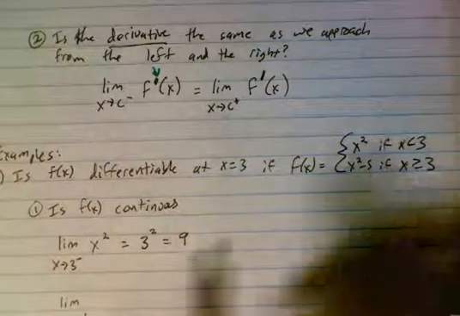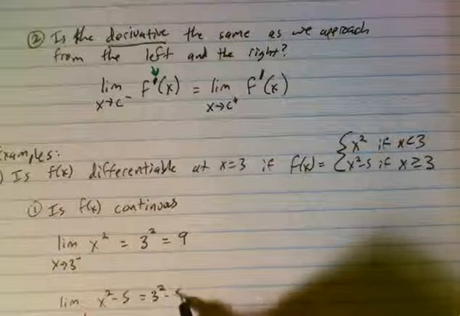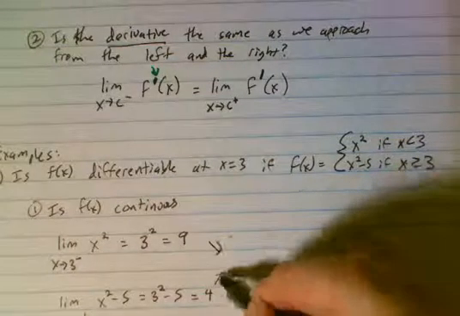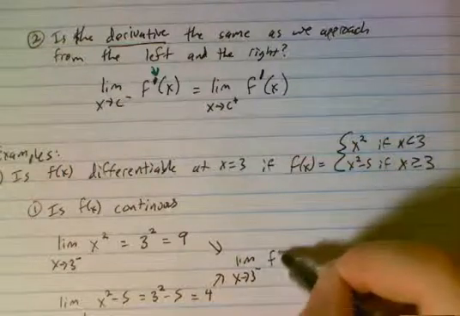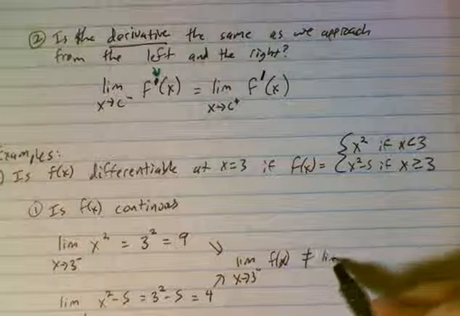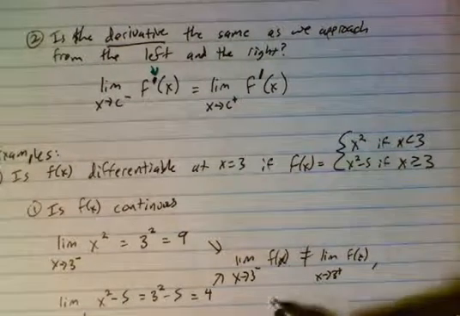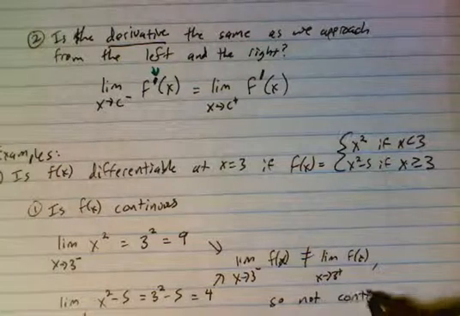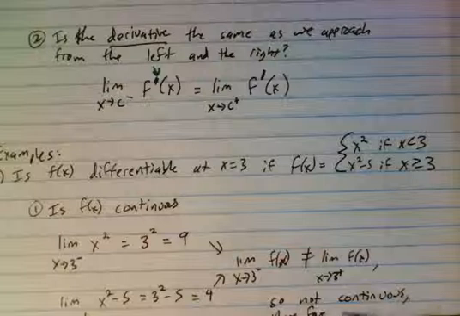The right side, that's x squared minus 5. So 3 squared minus 5, or 4. Those limits don't match. So not continuous. Therefore, not differentiable.